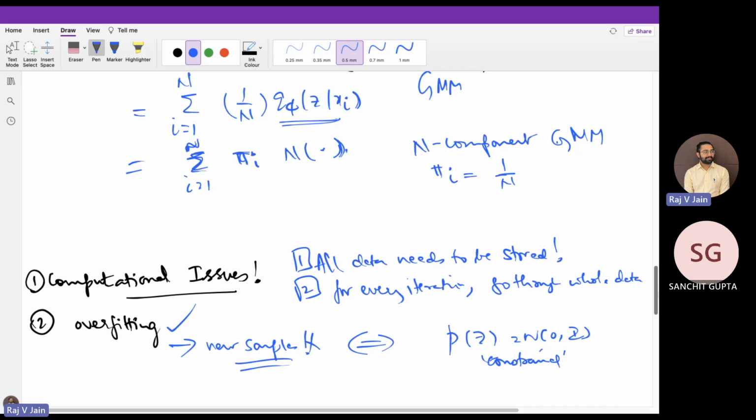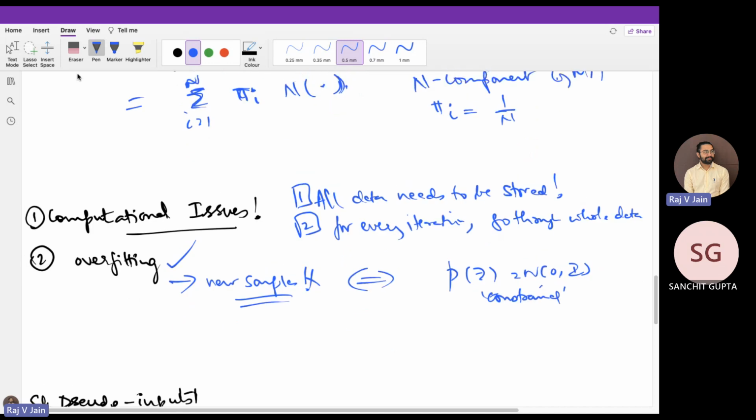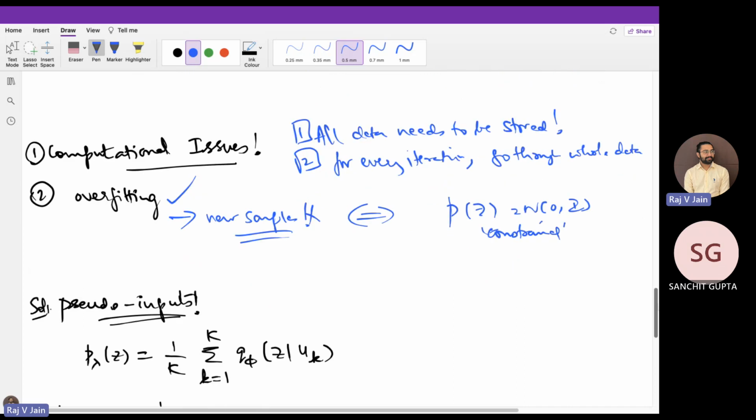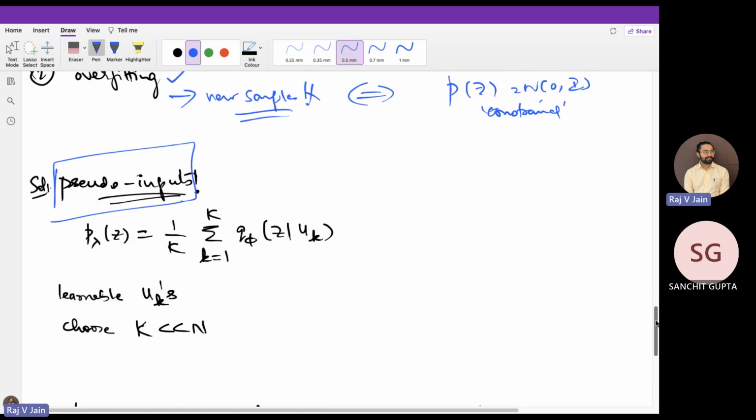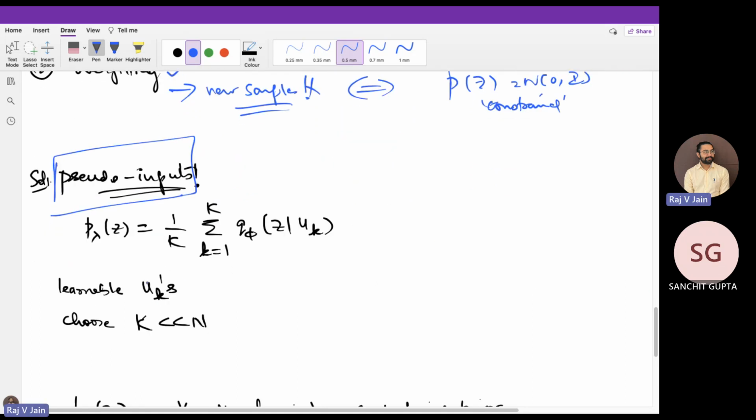They gave the solution in the same paper only. What they propose is something called pseudo inputs. They have something called u_k, and these are learnable parameters, learnable vectors in some sense.